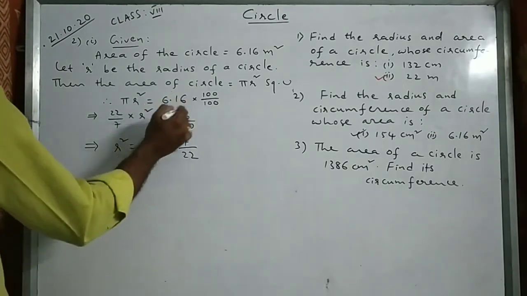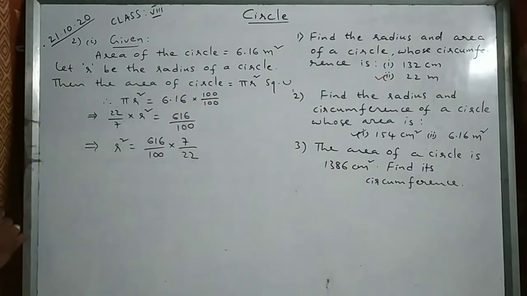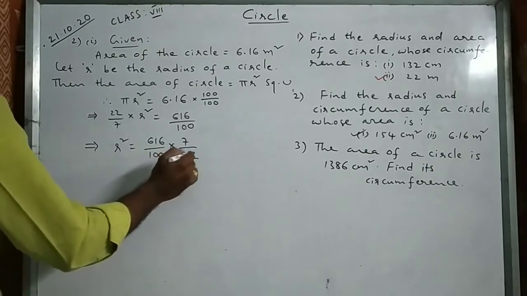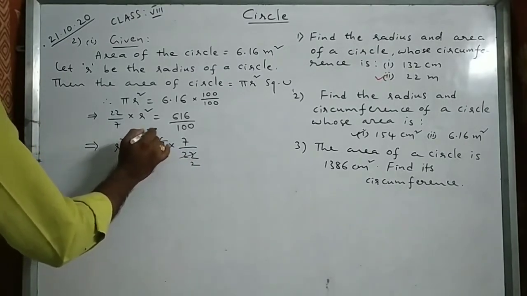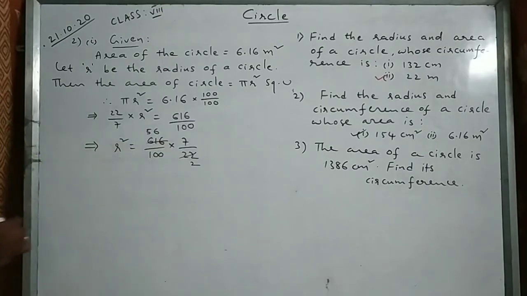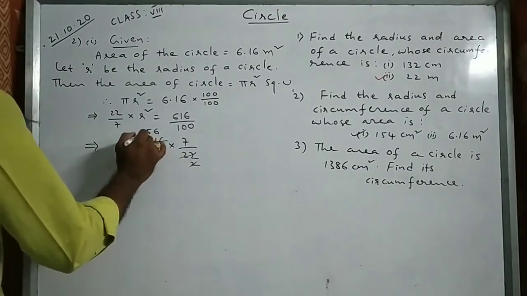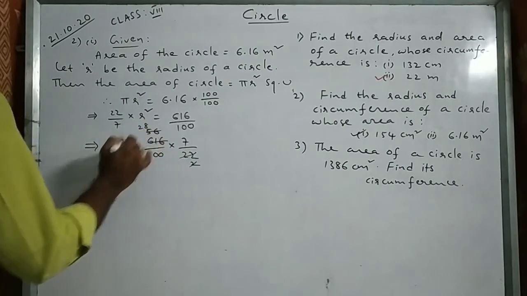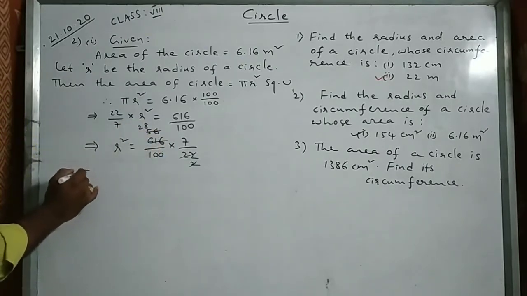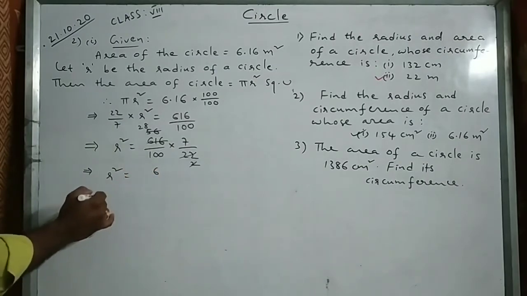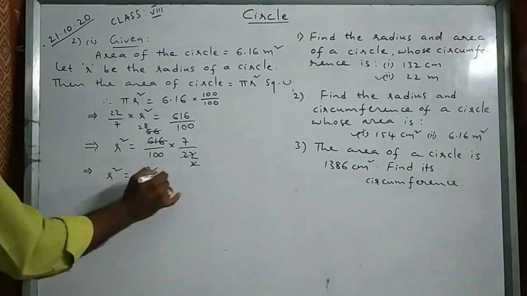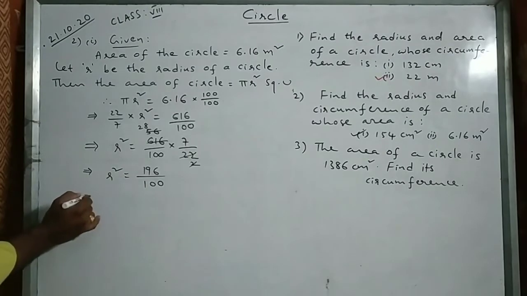As many decimal places here, that many zeros we have to multiply and divide. 11 2s are 22, 11 5s are 55, 11 6s are 66. So r square equal to 196 by 100.